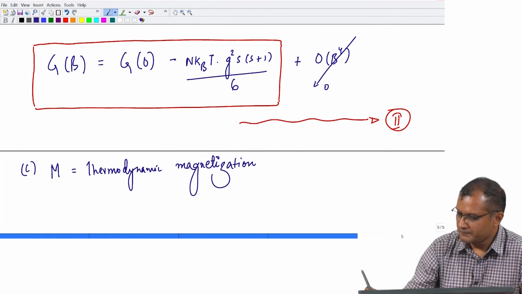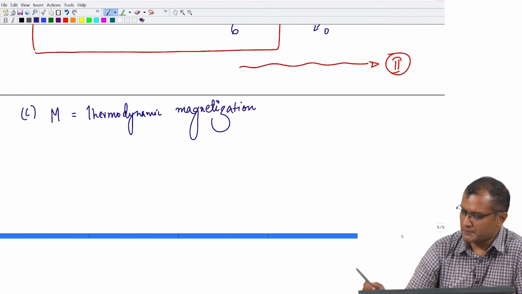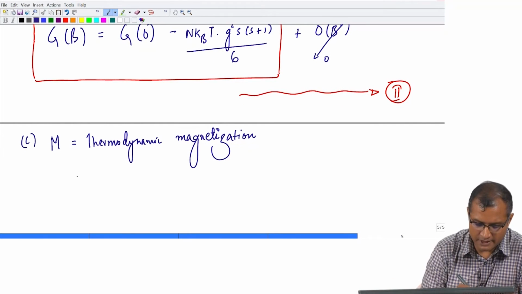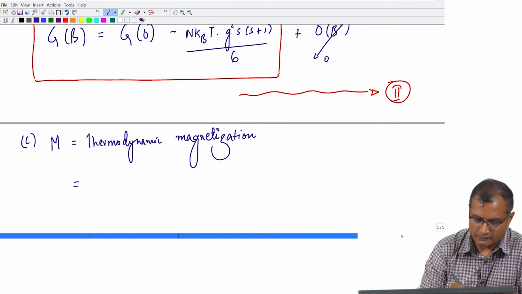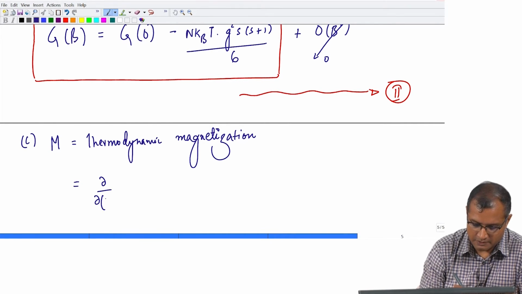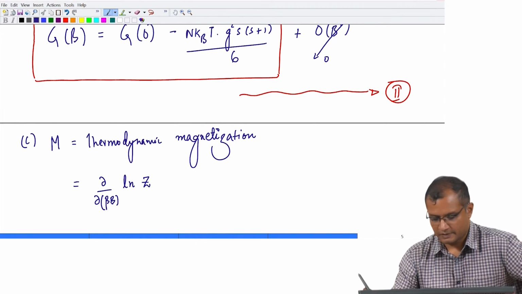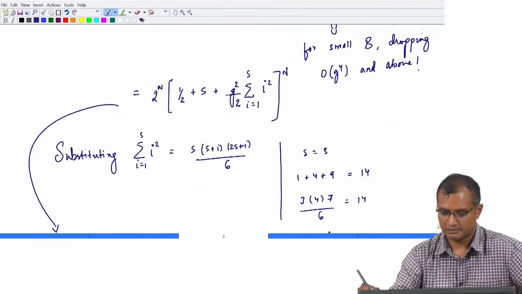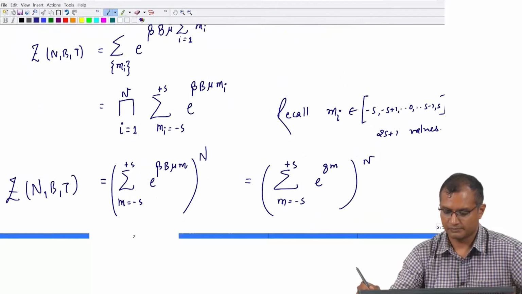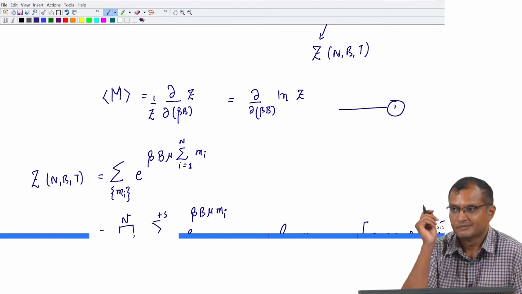So, you can compute this from appropriate derivatives of the Gibbs free energy, and we have already shown that this average magnetization is nothing but d over d beta b of ln partition function. Okay. You can go upstairs and refer to that discussion. Yeah, look at equation 1 here. Okay.